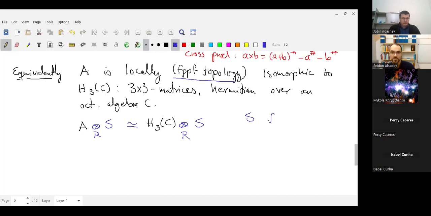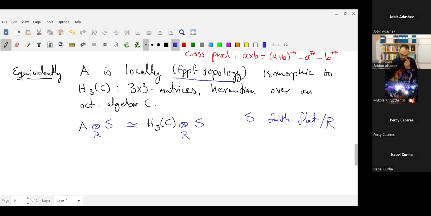And S should be faithfully flat over R, which is basically a nice ring extension, an extension that respects the properties of exact sequences. So this is what we need to know.